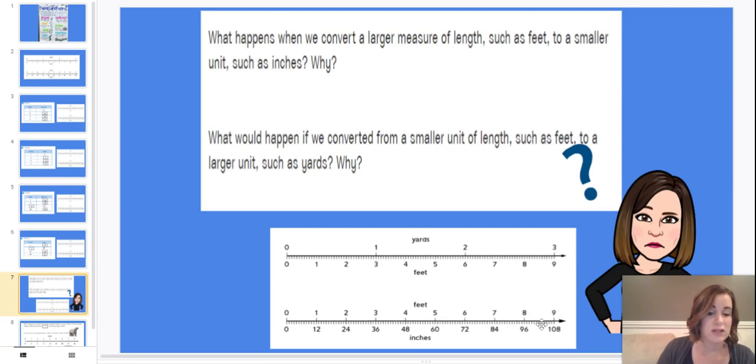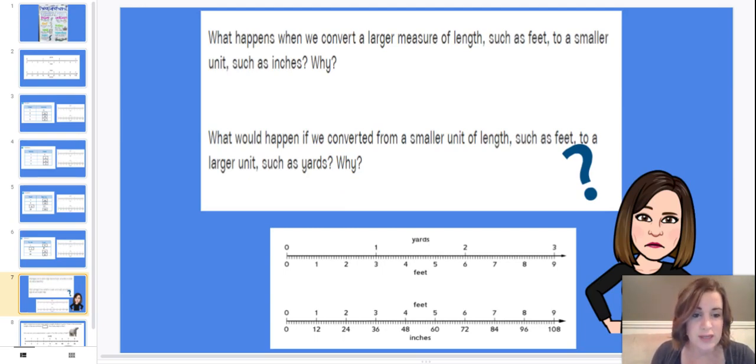Same thing for yards. You can see that there's 3 feet in a yard. Since yards are larger, there's going to be fewer of them, and there's going to be more feet because they are smaller.